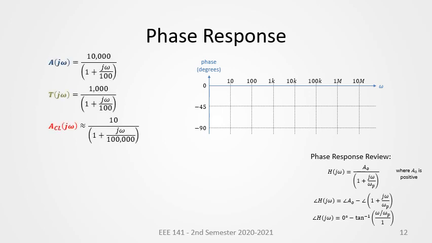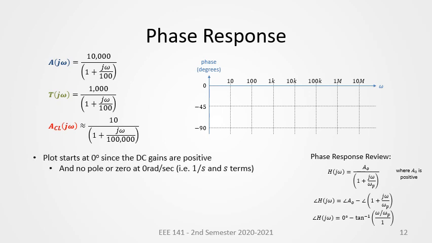Now let's take a look at the equations that describe our example. In all cases, the DC gain is positive, and thus all plots should start at 0 degrees. The open loop and loop gain have the same pole frequencies at 100 radians per second, and the difference in the DC gain, 10,000 versus 1,000, will not matter since the angle of 10,000 and the angle of 1,000 are both 0 degrees.